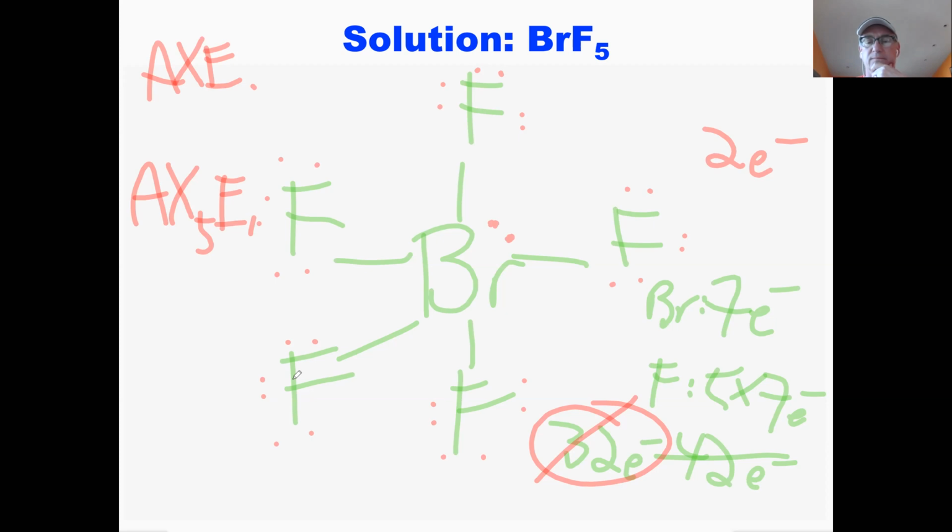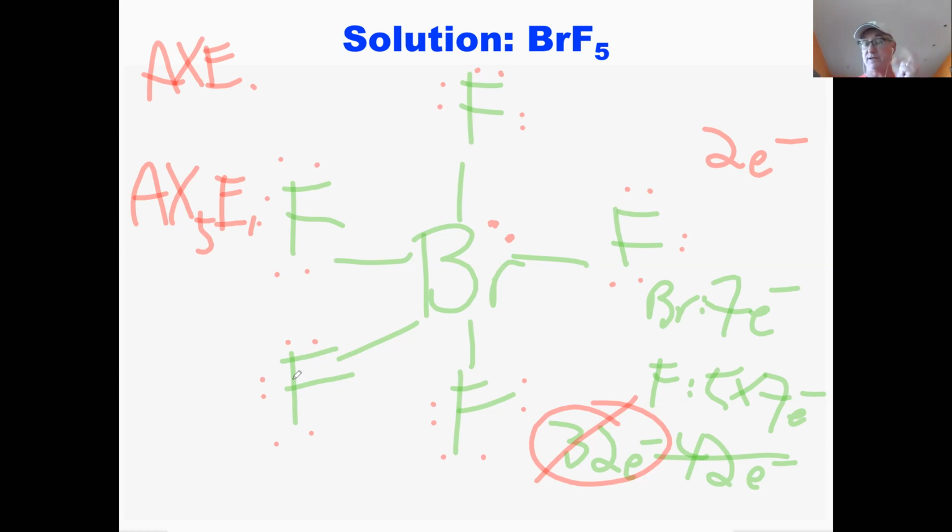Professor, how is it octahedral if there's only 5? There are 6 electron groups. The overall geometry of this molecule is octahedral. It's difficult to talk about without being confusing. The geometry is octahedral, but the shape may or may not be octahedral, depending on the number of lone pairs.